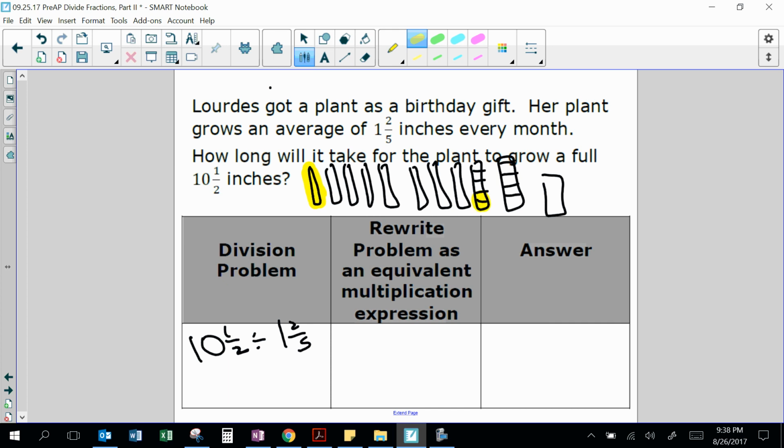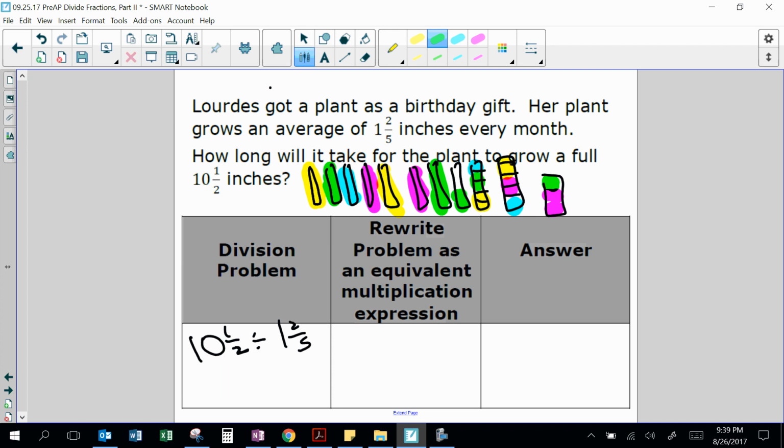The plant grew this tall in the first month. 1 2/5, the second month. 1 2/5, the third month. 1 2/5, the fourth month. 1 2/5, the fifth month. The plant grew this tall in the 6th month. And in the 7th month. So I estimate it's about 7-ish, 7 and a fractional part.